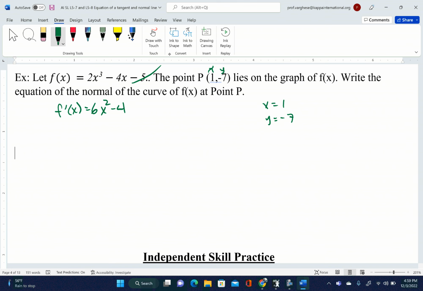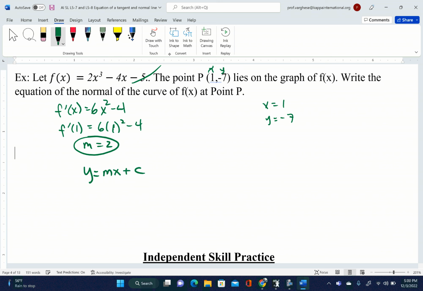We know that x is equal to 1, so I'm finding the derivative at 1. Let's plug that in: 6 times 1 squared minus 4. 1 squared is 1, times 6 is 6, minus 4 is equal to 2. So that means my slope is equal to 2. Now I have all I need to plug into y equals mx plus c.